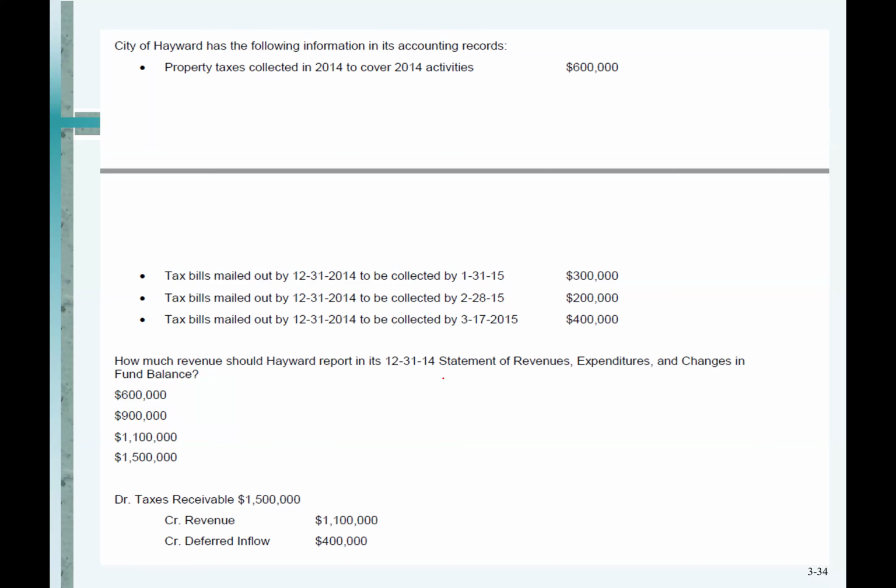Now, in questions that I give you, or if you're taking some kind of exam dealing with governmental accounting, I do think it's worth looking at the call of the question to understand where they are asking me to report this. Is it at the fund level or the government-wide level? Some questions will say, in the fund financial statements, in the general fund, special revenue fund, capital project fund, we know modified accrual, 60-day criteria.